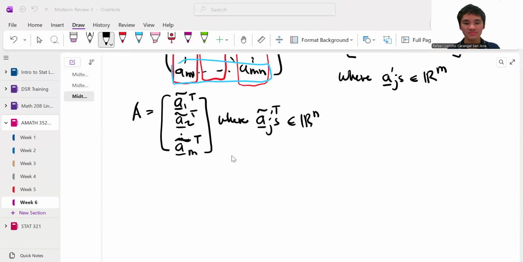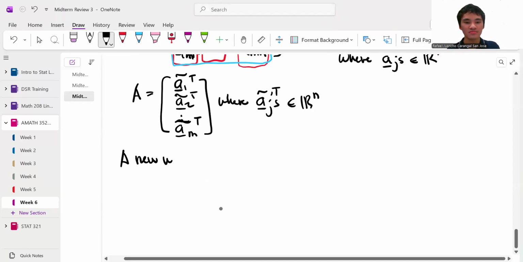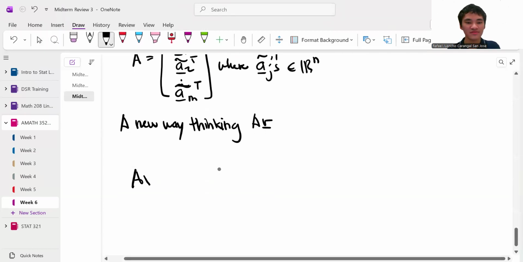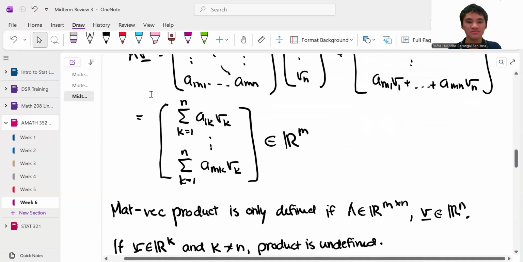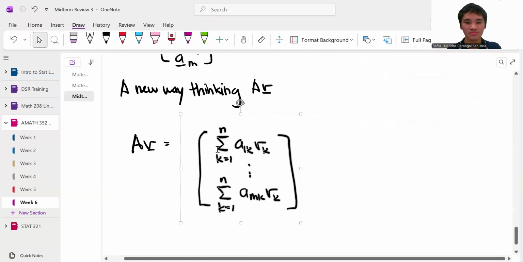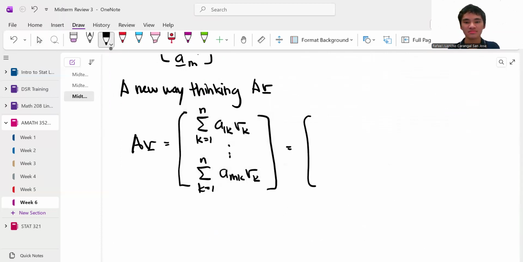And so, based off of these ideas, a new way of thinking about mat-vec, right? We did think of it as the sum, so this one here, we thought of it initially like that. Now, there is another way of thinking about it.